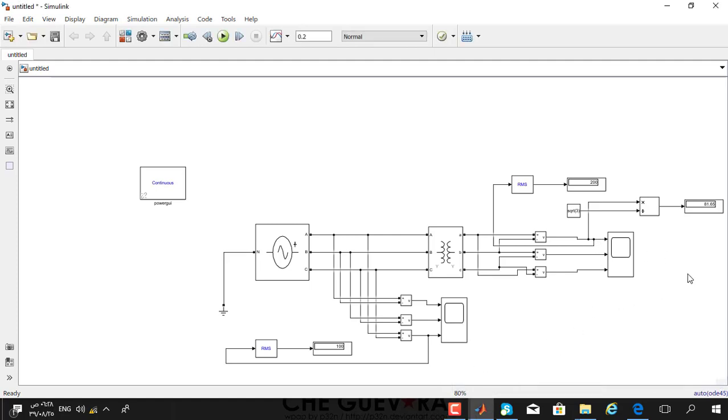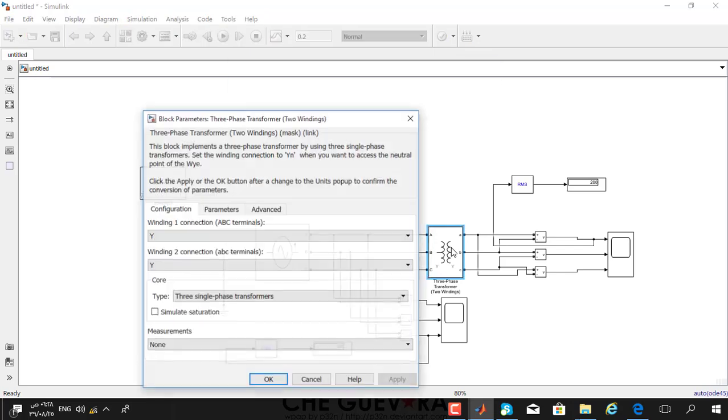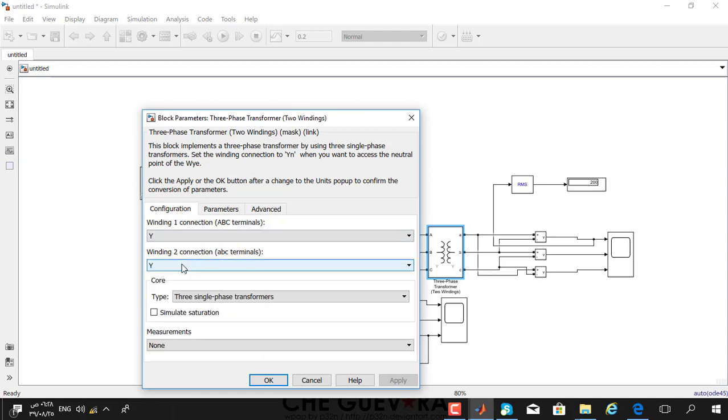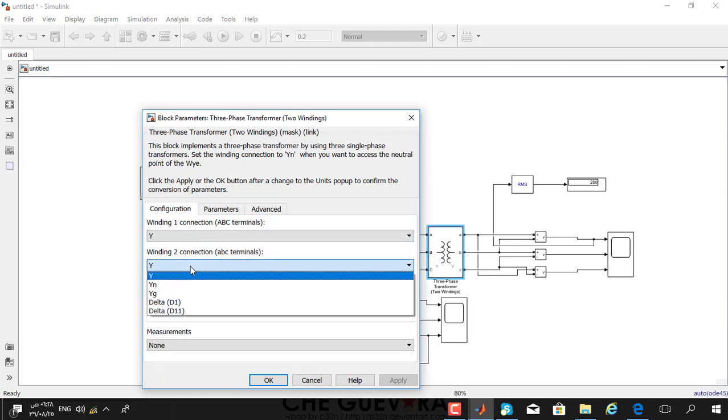Now the second part of the experiment is to measure the line and phase voltage if we have Y and delta connection. For Y and delta connection, in delta connection we know that the voltages are equal, so we remove this part, delete, and we go to the transformer, double click on it, parameters, and connection, and for winding 2 we choose delta.